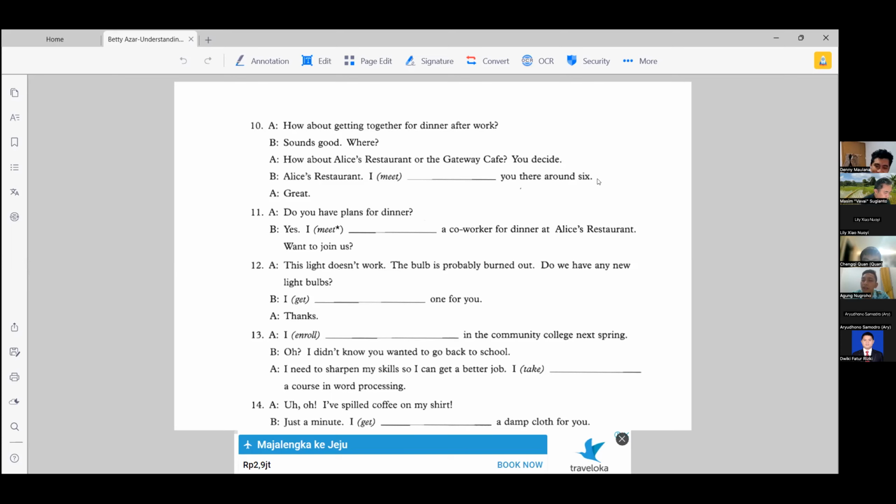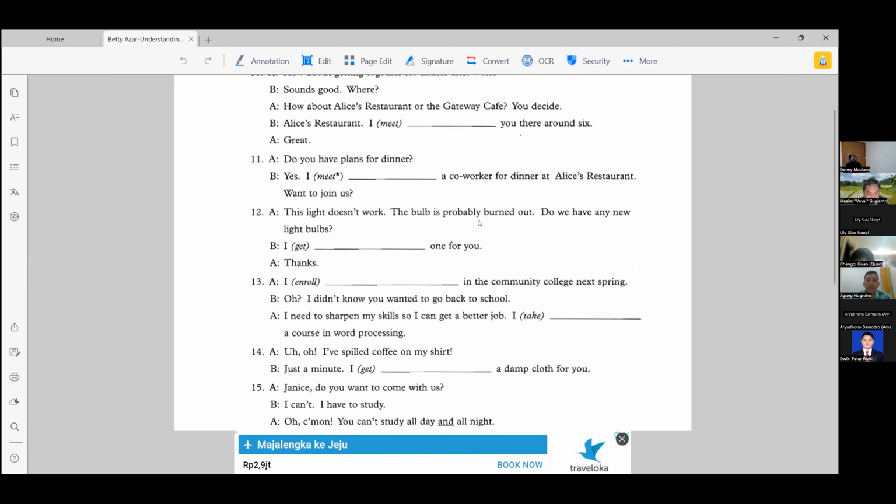Does anyone have the idea that this is willingness? This is not a plan. This is B's willingness to come at around 6. Okay, guys, if I were in your position, I would choose I will instead of I'm going to, because this is not a prior plan. This is more like just your willingness to do that. So I will see you there. I'll meet you there at 6.